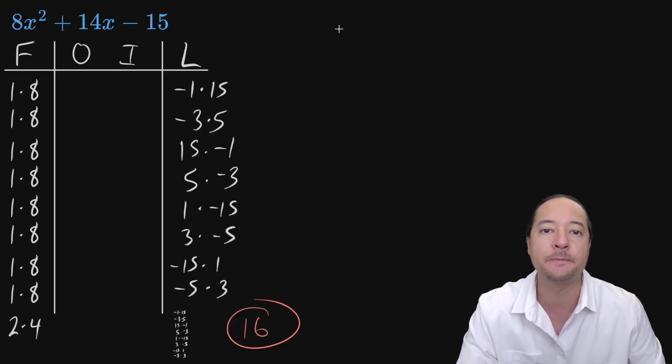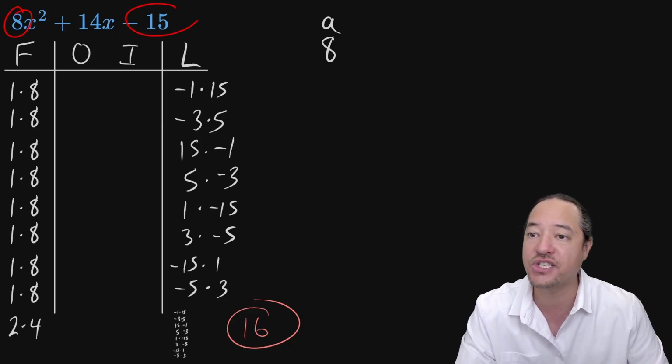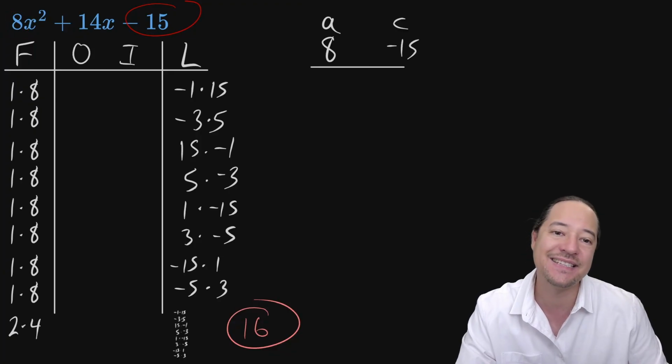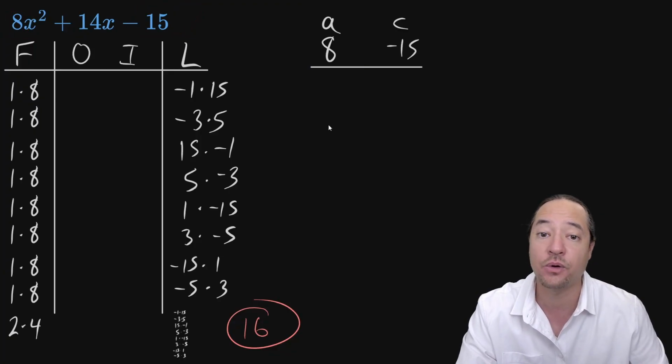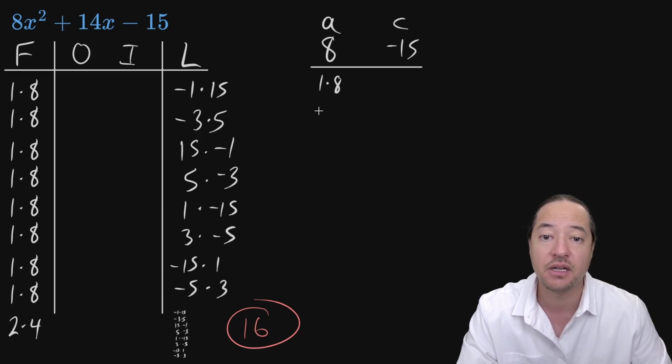Let's think about it. For our A value, we had 8, right? That's what we have here. And for C, we had negative 15, okay? So when we looked at these two, we created our possible factorizations of 1 and 8 and 2 and 4, right? And over here, you basically had 1 and 15 and 3 and 5, right?